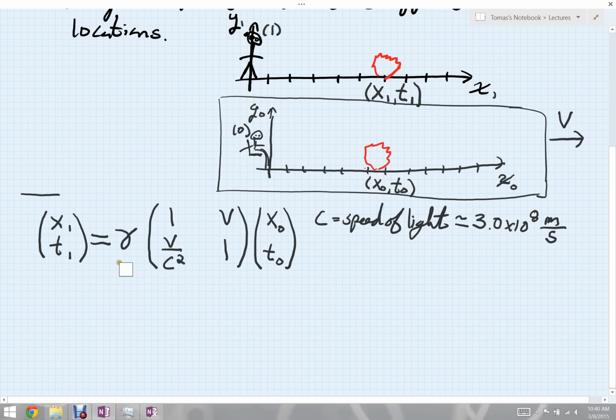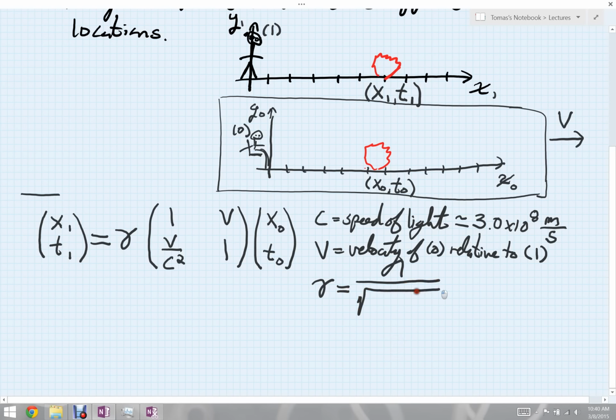And then finally, there's the factor gamma. I'll just write down what v is anyway. v is the velocity of observer 0 relative to observer 1. And then finally, gamma is just a mathematical formula in terms of c and v. It's equal to 1 divided by the square root of 1 minus v squared over c squared.